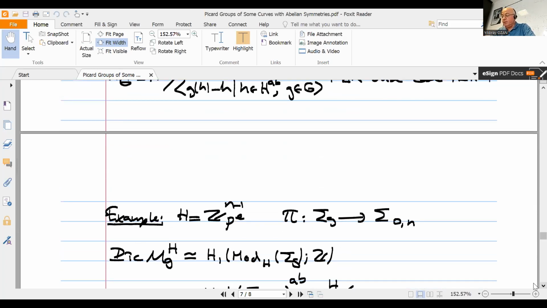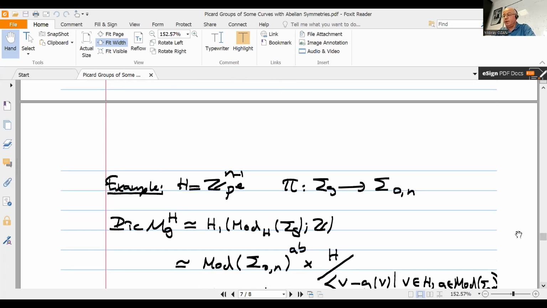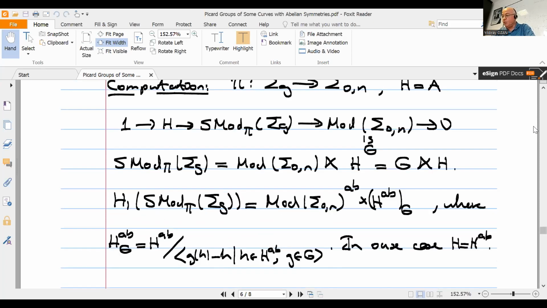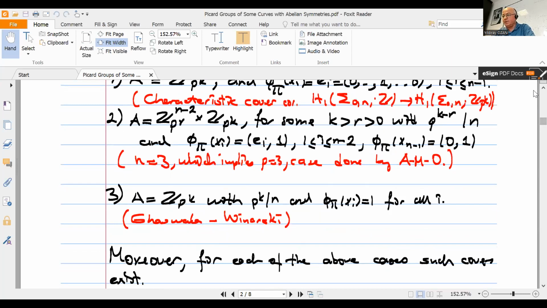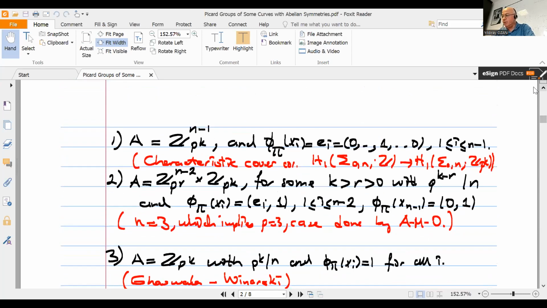Then if you do the computations, I will describe the computations for the cases in Chan's theorem, for this second case and the first case.